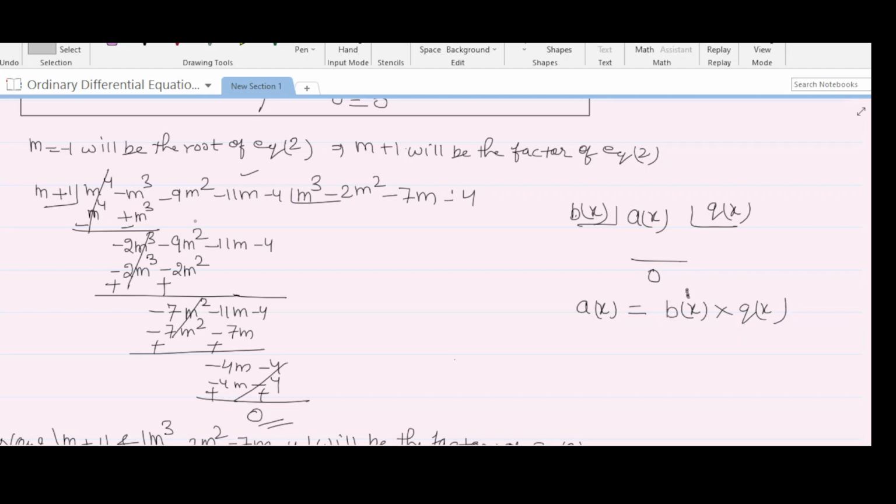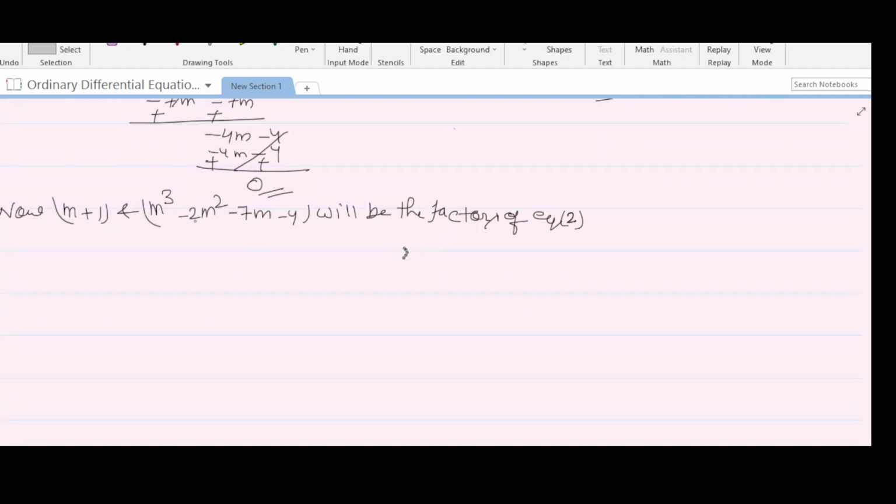That means b(x) and q(x) are the factors of a(x), meaning m plus 1 and m cube minus 2m square minus 7m minus 4 will be the factors of equation number 2, that is m4 minus m cube minus 9m square minus 11m minus 4. So by this we can easily say that m equal to minus 1 is one of its roots, but this is a cubic equation, we have to first solve it. So in order to solve it, again we will put a box, that will be our rough box.